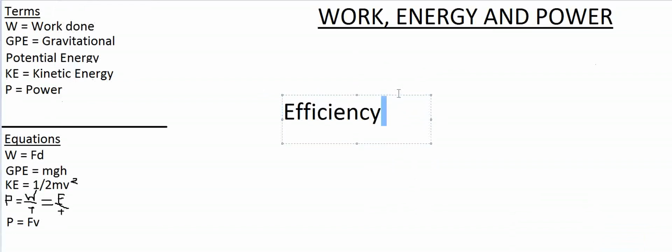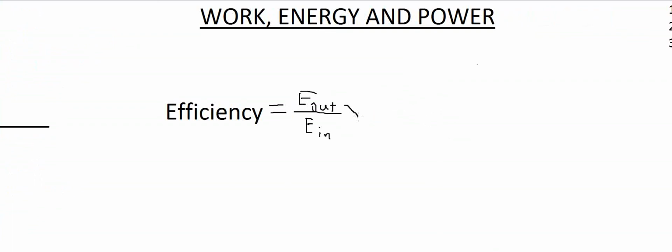Efficiency is equal to the energy output over the energy input times 100%, and it's also equal to power output over power input times 100%.